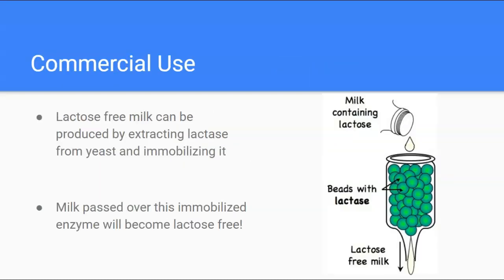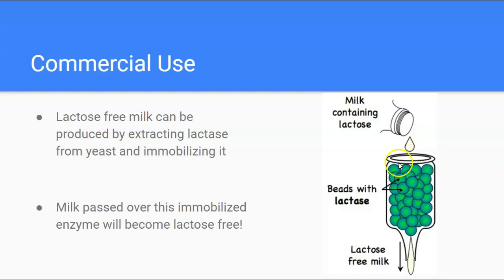So when we are talking about making lactose-free milk, we do this by immobilizing the enzyme. You're extracting lactase from yeast and immobilizing it in some sort of setup like this, where you have a bunch of immobilized enzymes, the lactase enzymes here. So you've immobilized them, you've separated them, they're in their pure environment.